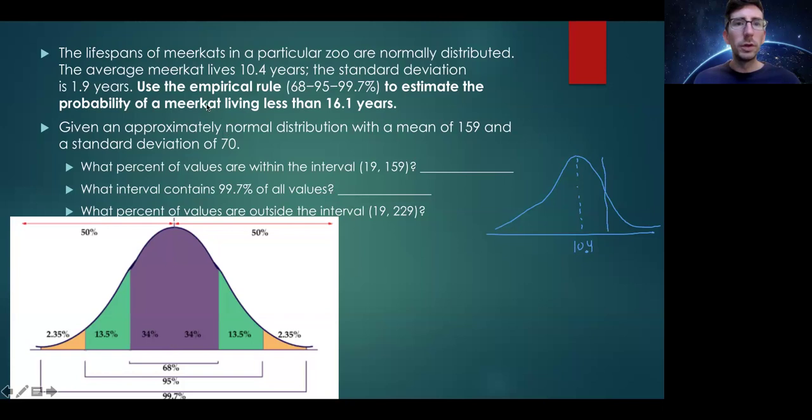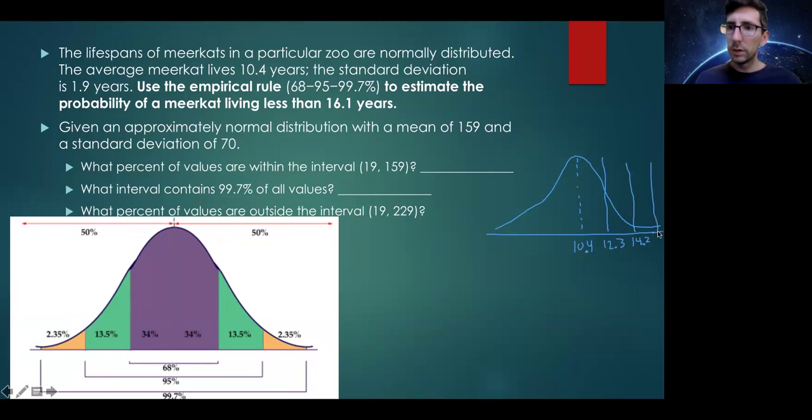If I go 1 standard deviation above the mean, I'll add 1.9 and I will get 12.3. If I go 2 standard deviations above the mean, I'll add another 1.9 and we'll get 14.2.